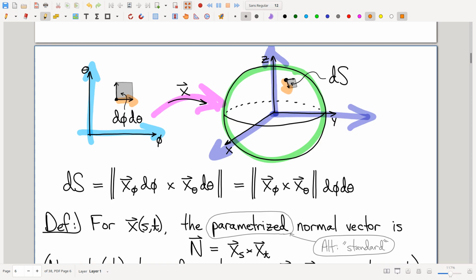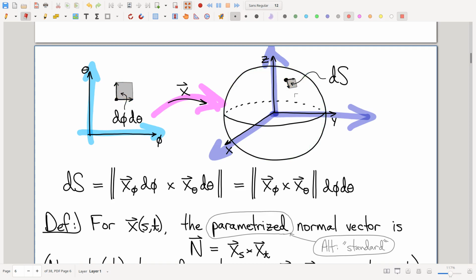Increasing phi means you're going down a meridian line, and on the surface of the sphere that would look something like that. Likewise, I could go somewhat in the theta direction. And big surprise, that would move me on the sphere in the theta direction. I would go around a latitude line.